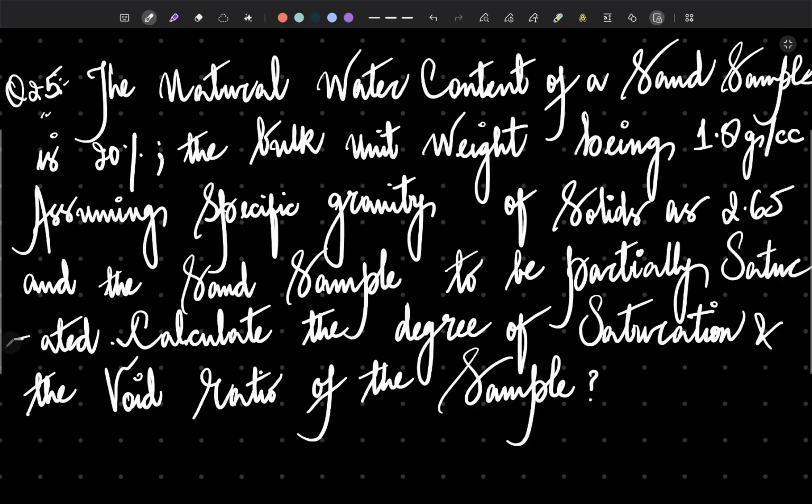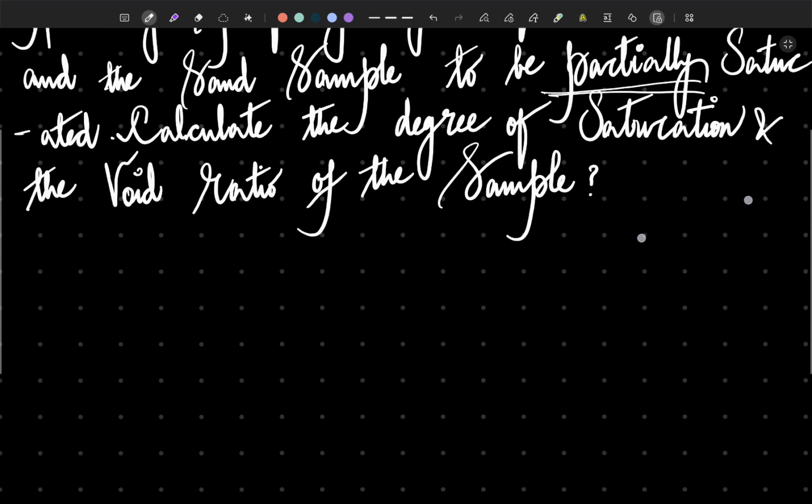Next question is, the natural water content of a sand sample is 20%, the bulk unit weight being 1.8 grams per cc. Assuming specific gravity of solids as 2.65 and the sand sample to be partially saturated, calculate the degree of saturation and the void ratio of the sample. All right, so let's solve this.